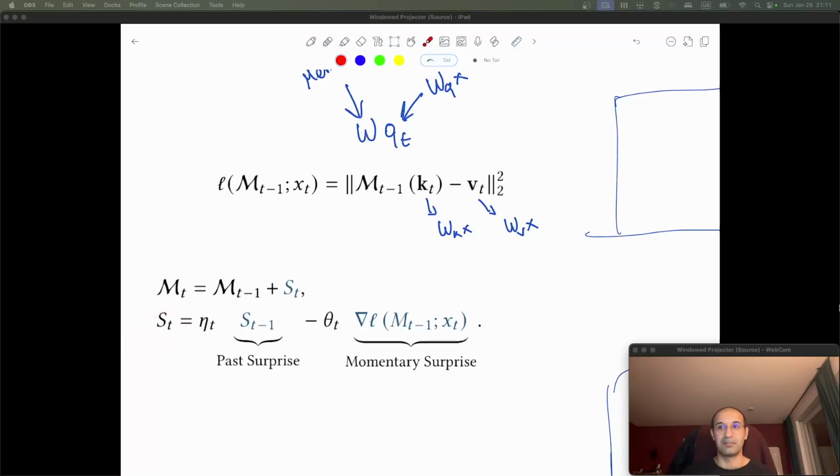This ST term includes the past surprise, but we don't have any past surprise, so let's suppose this is 0 for now, multiplied by a learning rate, theta t is the learning rate, multiplied by this gradient that we have computed, and then we update this W using this term ST. Now we have updated our memory.